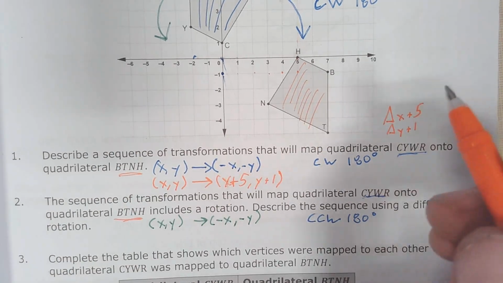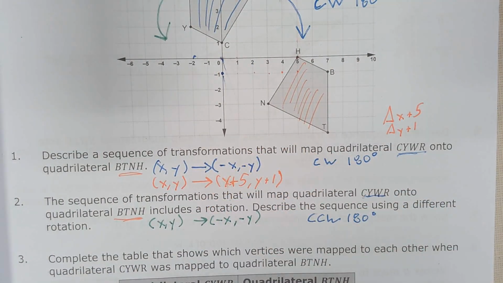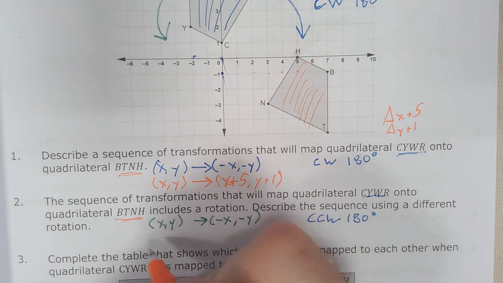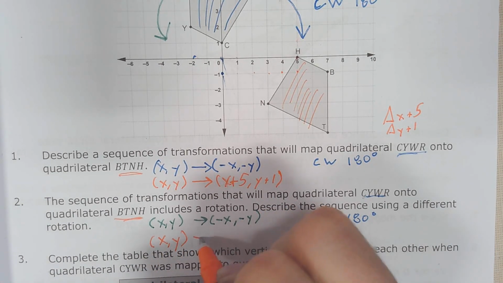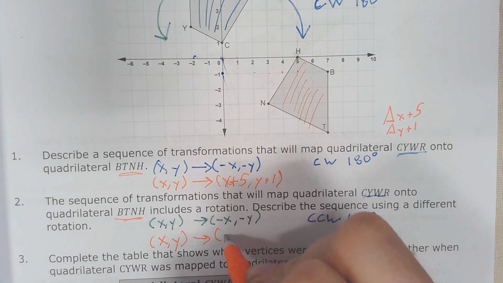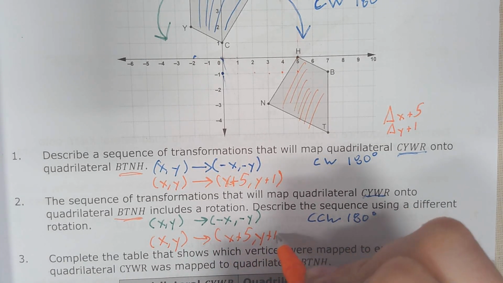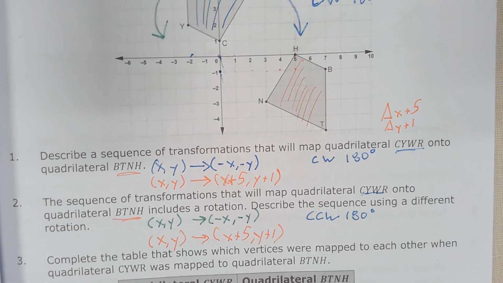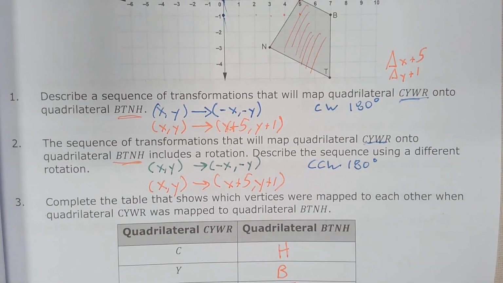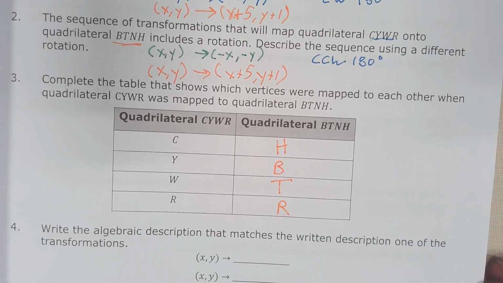My algebraic description for my translation is going to be x comma y goes to x plus 5 comma y plus 1. When there's an easy solution, take it. And besides, I checked the key, and that's what it wanted me to do. Anyway, so there we go.